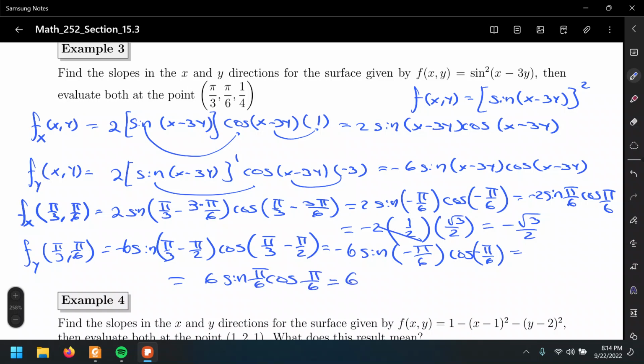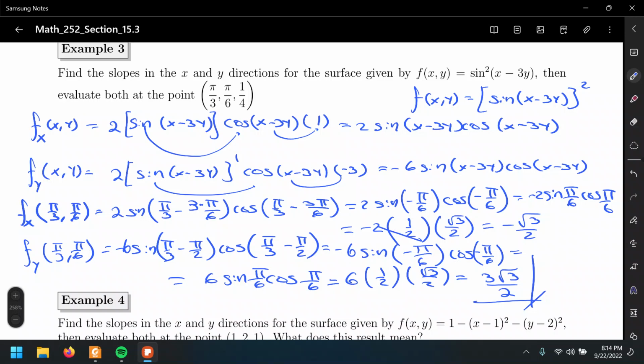Sine pi over 6 is again a 1/2, and cosine is root of 3 over 2, and 6 over 2 is 3. That's going to give us 3 root of 3 over 2. That's our final answer. Those are the two slopes in the x direction and the y direction respectively.